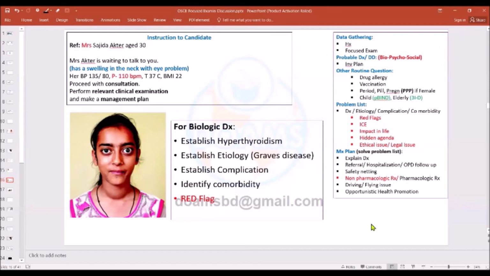So now tell me which systems we actually covered in this diagnosis. That is Graves' disease with hyperthyroidism. Which system? First of all, the endocrine system. Then, please, doctor, anyone join with me? Cardiovascular. Musculoskeletal, very right.